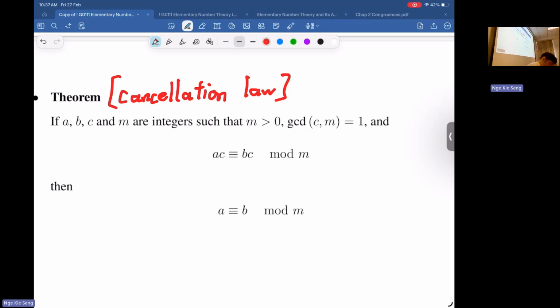This should remind you of the number system, right? For example, wait, what's the cancellation you do in high school?